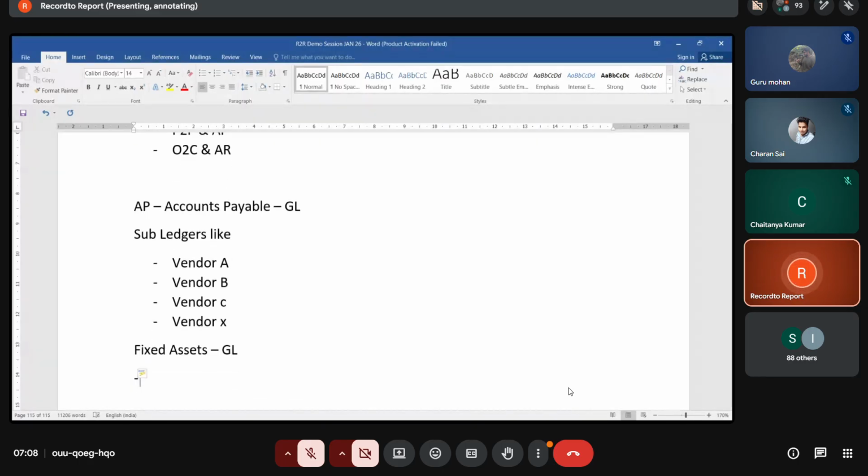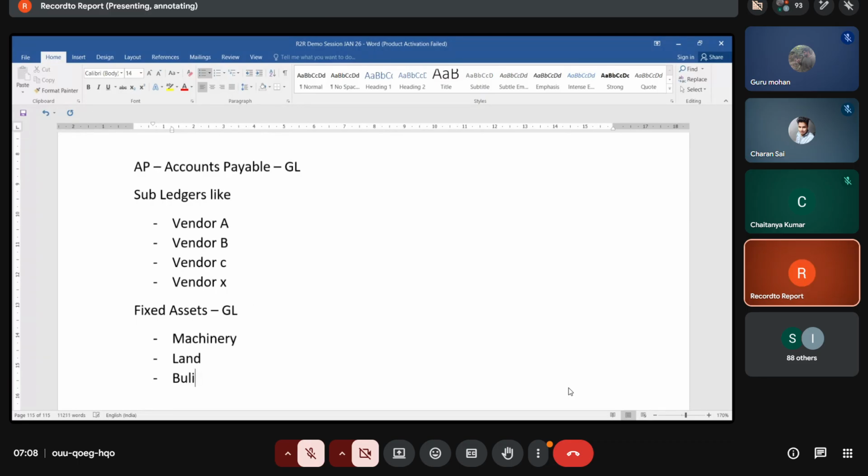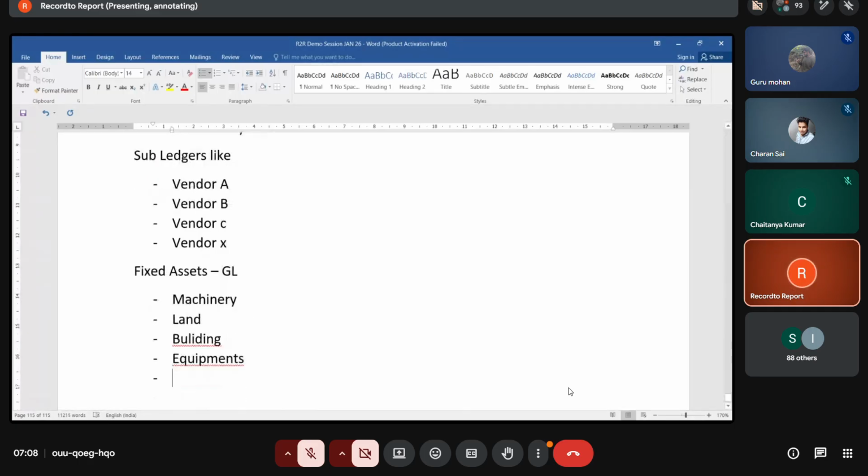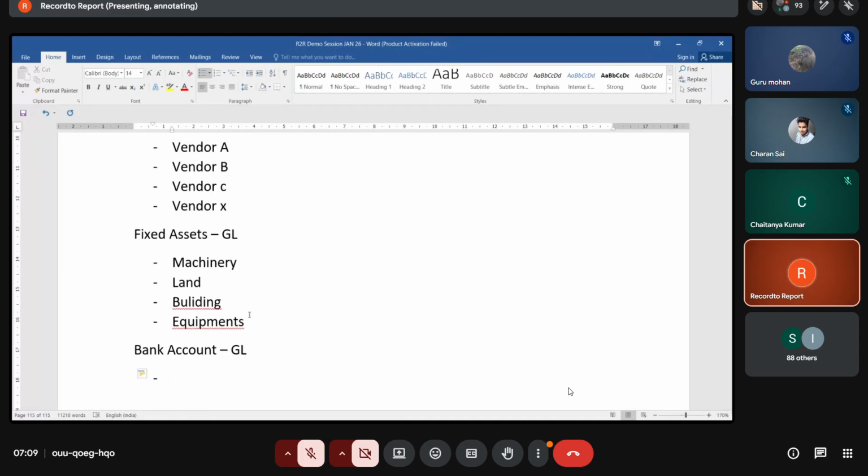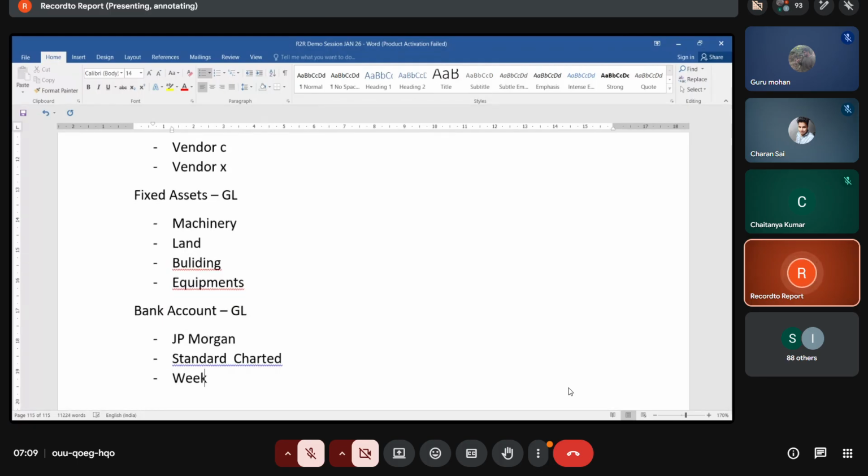Under that, what are the various types of subledgers we have, guys? Machinery, land, building, equipment, all are subledgers. Bank account is a general ledger. Under that, we have various banks like JP Morgan, Standard Chartered, Wells Fargo.